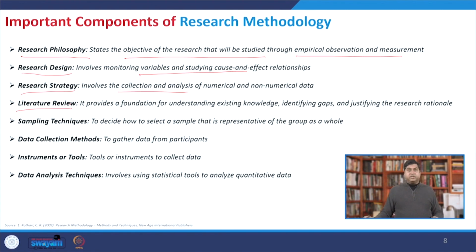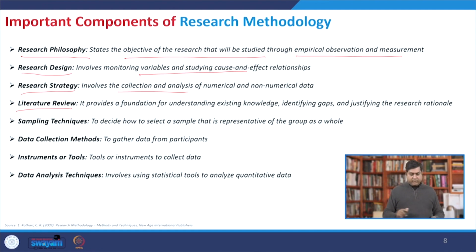Literature review is a very important part, and many times we neglect it. That's why many times we encounter a problem: after certain progress in our research, we find a paper similar to my work.